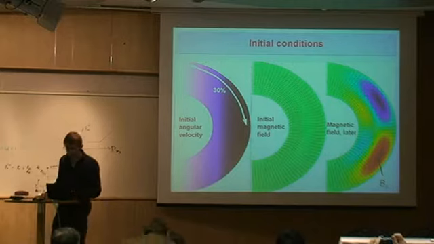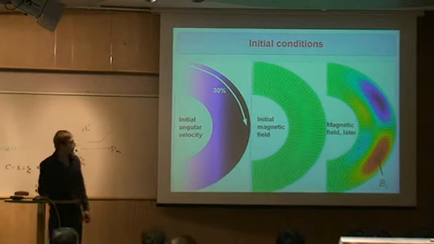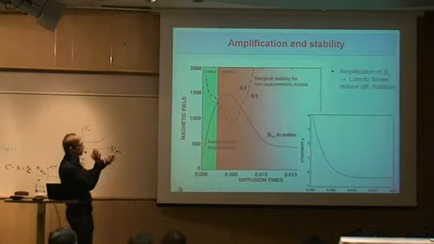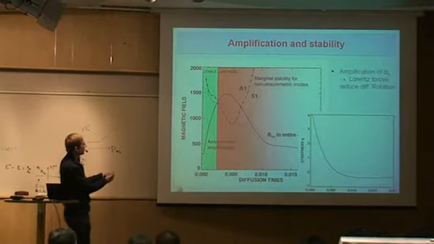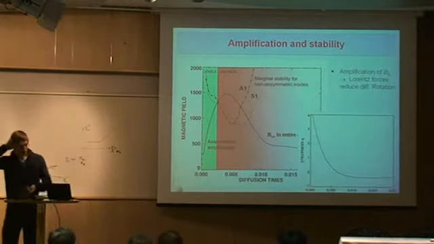Very nice. But that's only half the story, because you generate Lorentz forces, and the Lorentz force will diminish the differential rotation, which is measured here by some steepness parameter, and it actually approaches zero after some time as the Lorentz force acts more and more on the differential rotation.